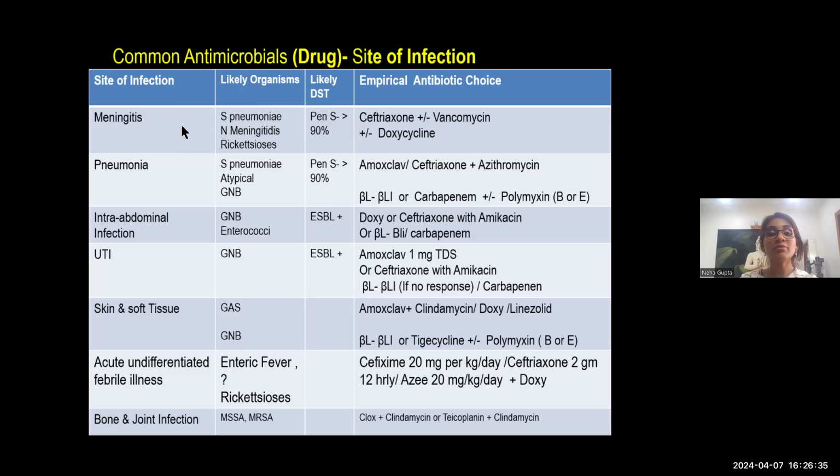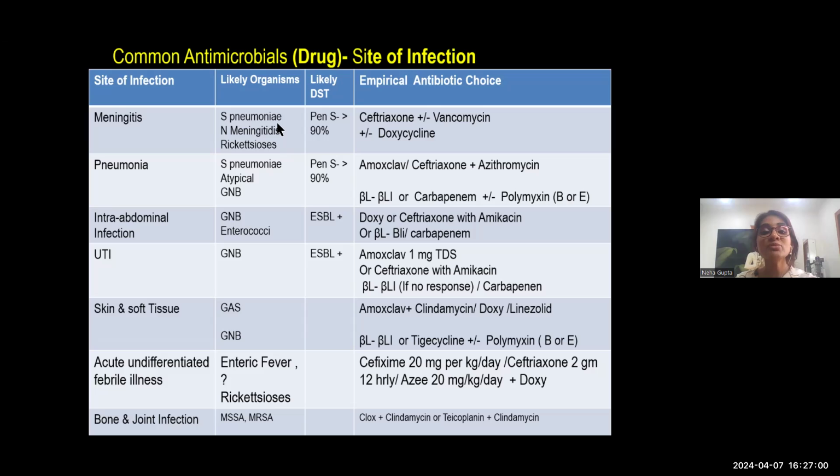For example, if a patient is presenting with a syndrome of meningitis, where the likely organism is Strep pneumoniae, Neisseria meningitidis, or rickettsiosis, empirically the drug of choice is going to be ceftriaxone with vancomycin for covering the resistant Strep pneumoniae, and maybe doxycycline for the rickettsiosis.